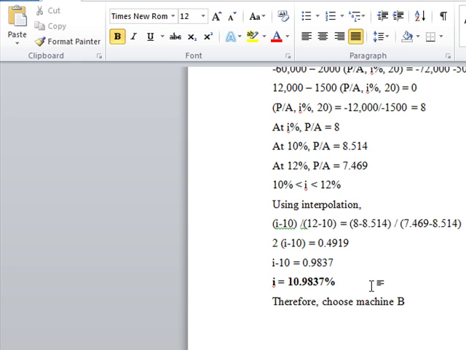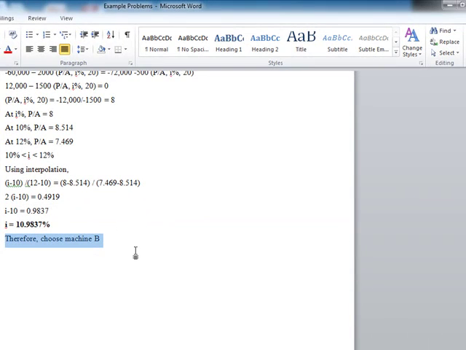If your actual internal rate of return is higher than the required rate of return, which is the case right now, then we need to go for the option that has a high initial cost and low annual expenses. So in this case, that is machine B. So we are going to choose machine B. That's basically the answer for this question.